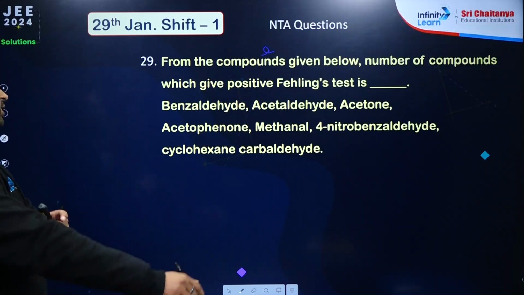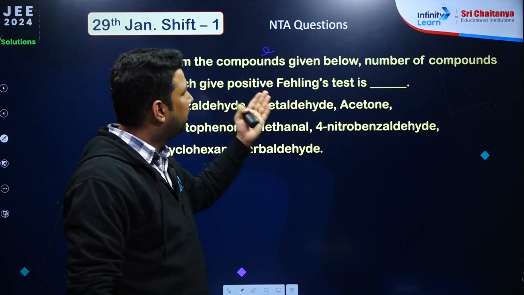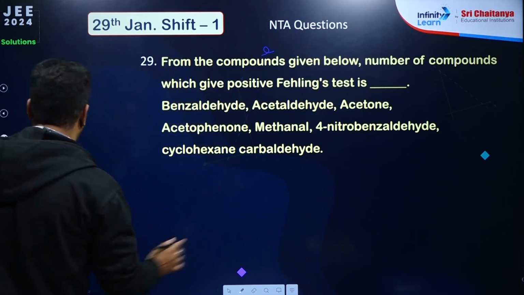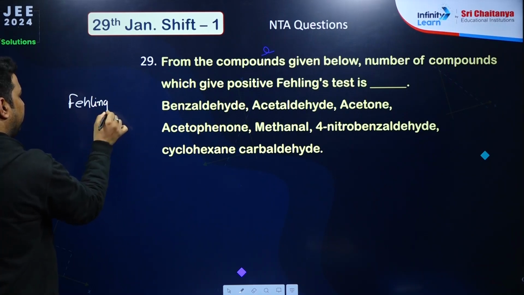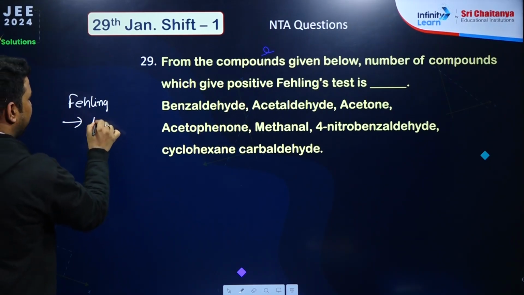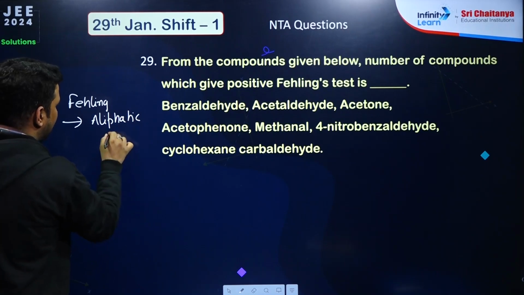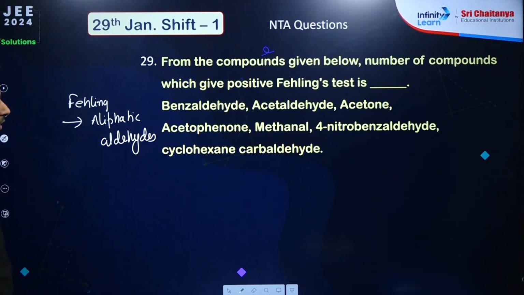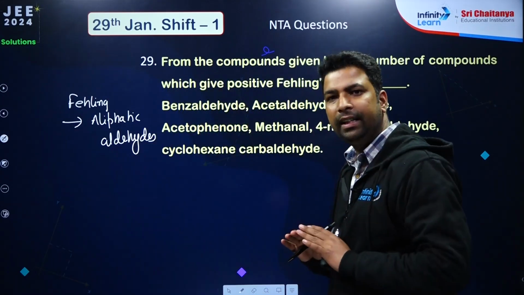Come to the next question, very easy question. From the compounds given below, number of compounds which give positive Fehling test. Okay. Fehling test is given by aliphatic aldehydes only, not ketone. So ketone has to be completely removed.